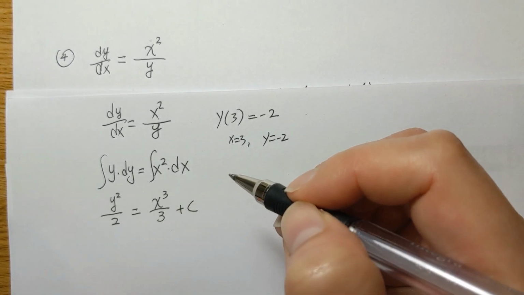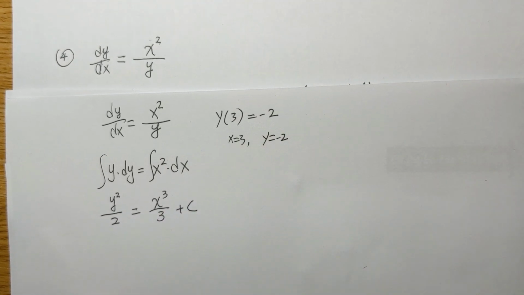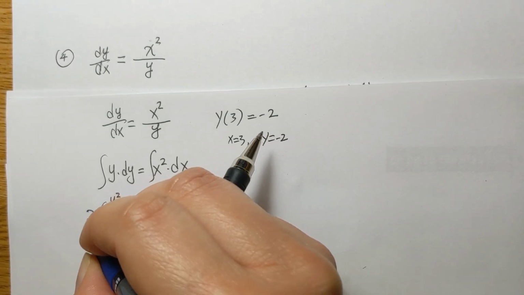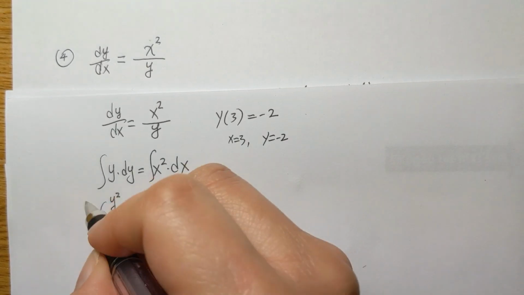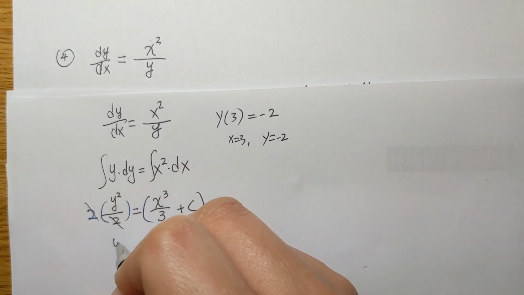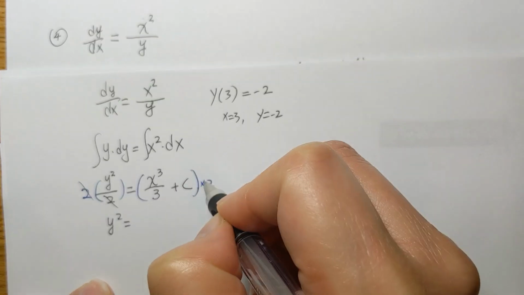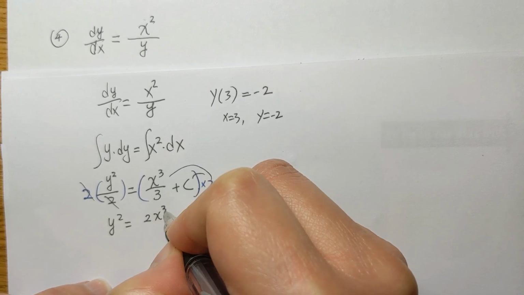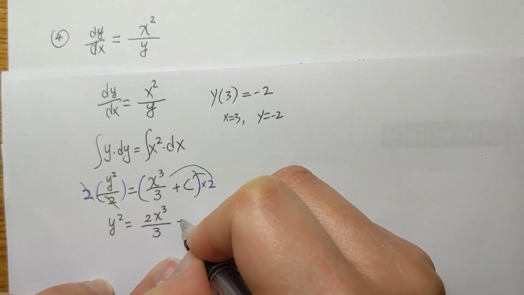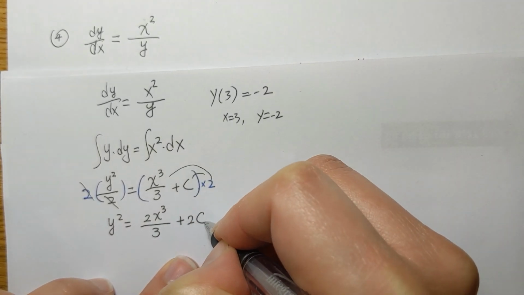Now I want to eliminate the 2 over here. So to eliminate the denominator 2, I times 2. Now I'm going to cancel this. So I get y squared equal. So now I'm going to distribute this. So I get 2x cubed over 3 plus 2c.